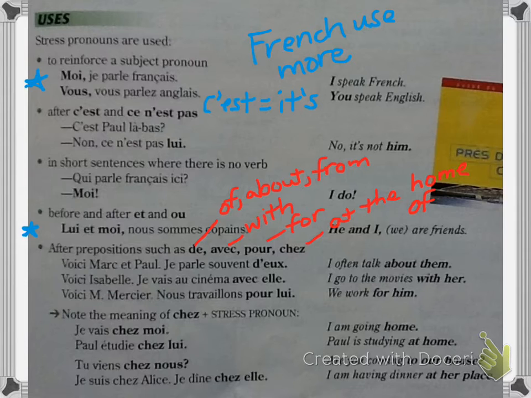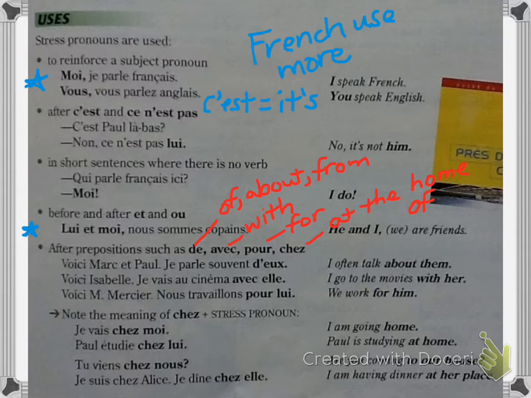Okay. Tu viens chez nous. You are coming to the house of us, which is our house. And je suis chez Alice, je dîne chez elle. I'm having dinner at the house of her, which is her house. Okay, so chez with a stress pronoun is a pretty common construction in French.